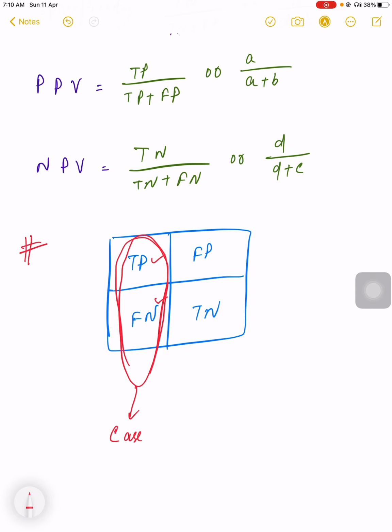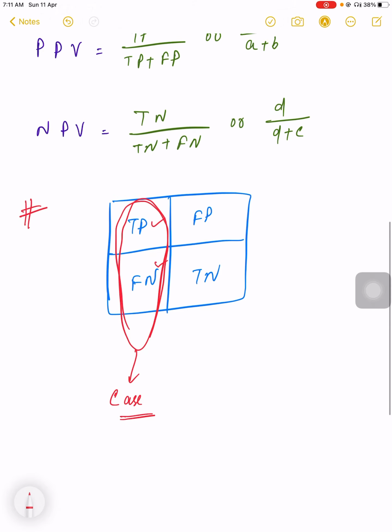Suppose I have to do a study, cohort study or case control study or RCT study, whatever it may be. These both are cases, meaning 50 tuberculosis cases or 50 malaria cases. These are the cases, and these false positive and true negative, these two are called control.